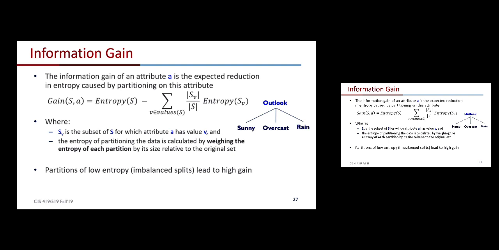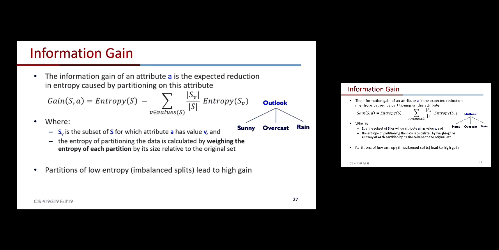So I have a set S and an attribute A, and I want to define how much this attribute will give me if I split based on it. I'm starting with the entropy of S, and I'm subtracting something.